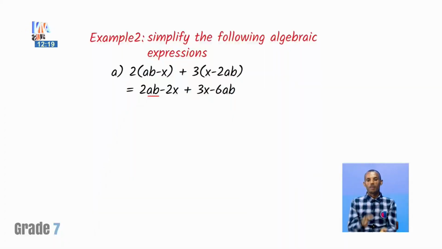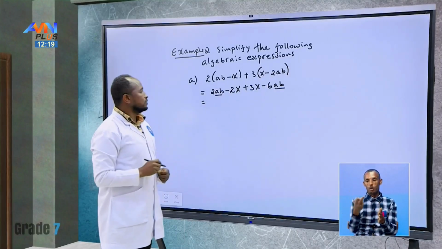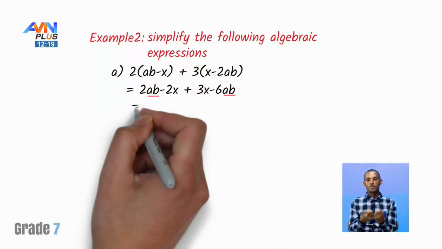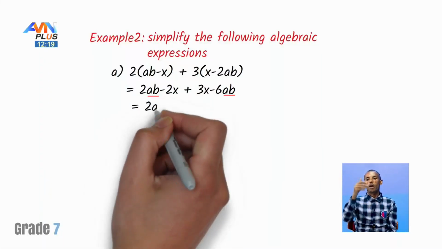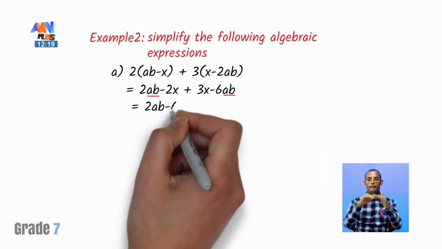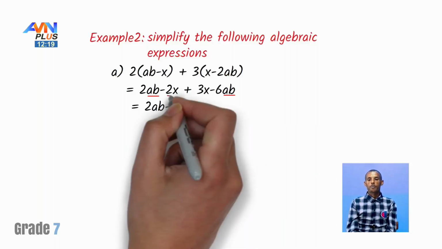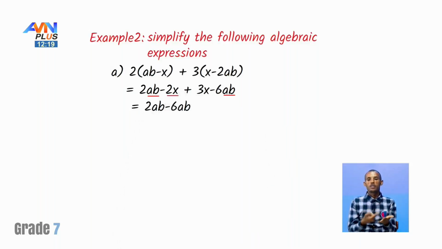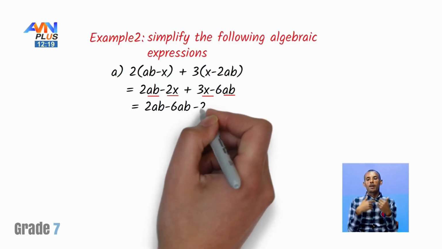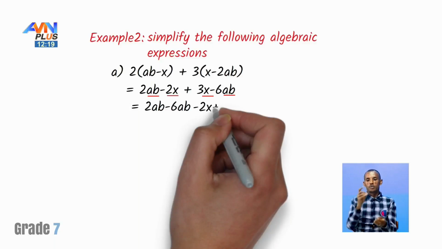Here, AB and AB are like terms, so let's put them together: 2AB minus 6AB. Again here, these two are like terms: negative 2x and positive 3x.